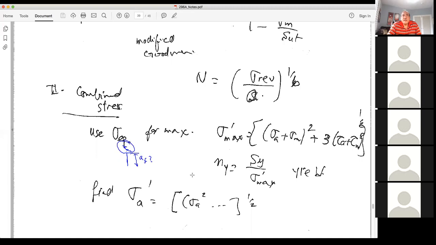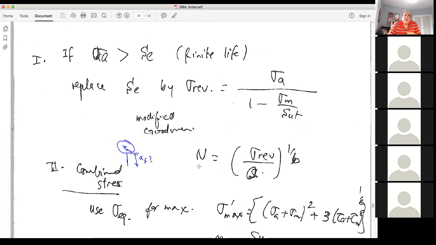So to summarize, 2 important things. If I have non-zero mean, I have to correct the alternating stress, enhance it and call it sigma REV, and use that in SN type calculation.